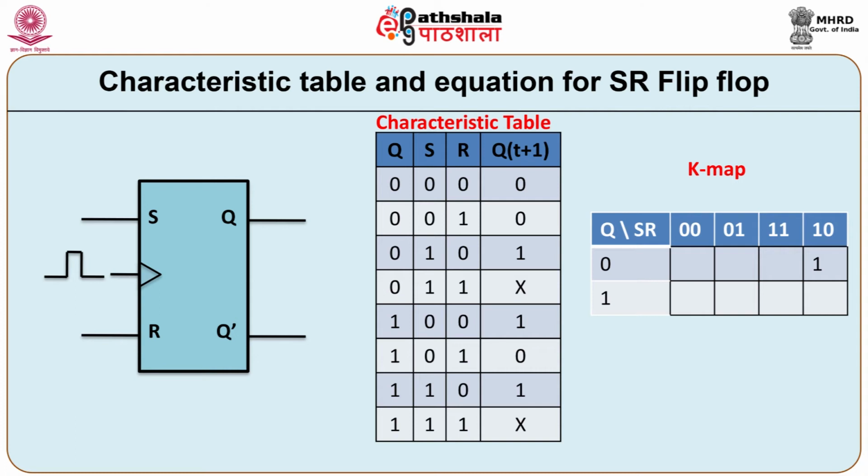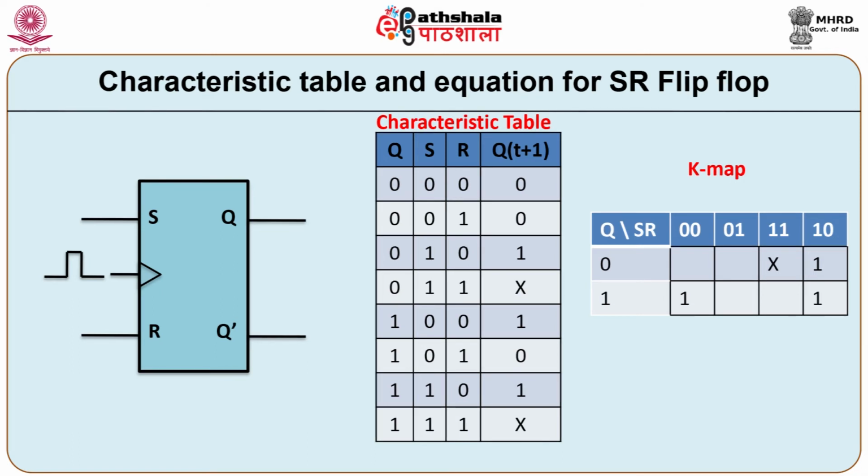The first two next state conditions are zeros. In the third row, Q is equal to 0 and SR is equal to 1 0, so the next state 1 is mapped into the K map. In the fourth row with Q equal to 0 and SR equal to 1 1, the next state X is mapped. The fifth row with Q equal to 1 and SR equal to 0 0, the next state 1 is also mapped.